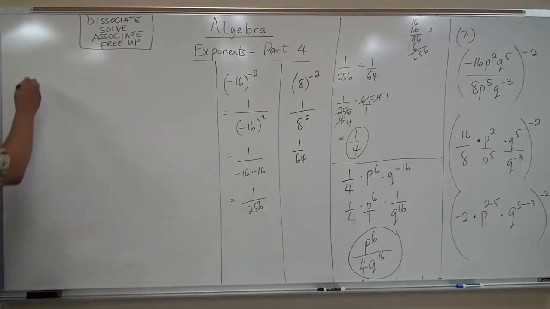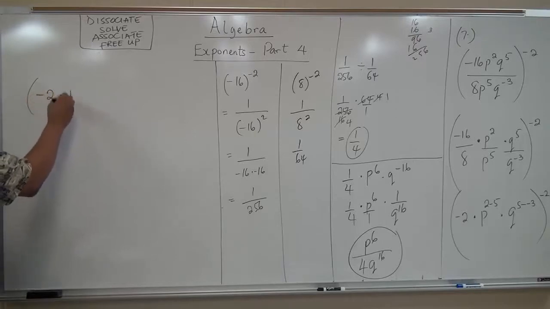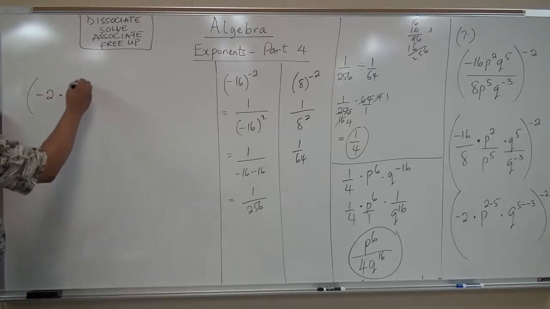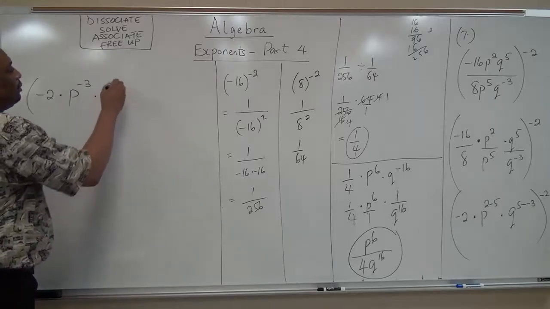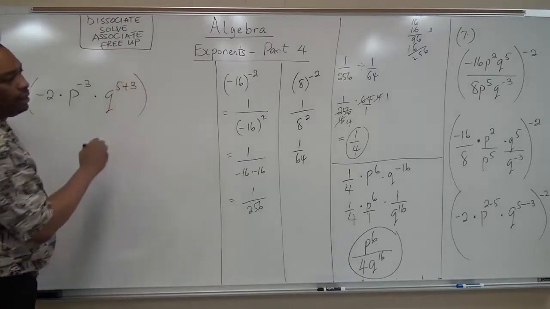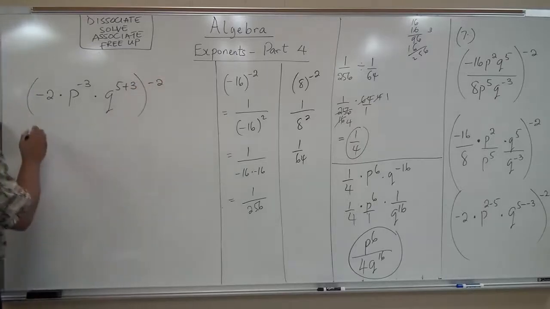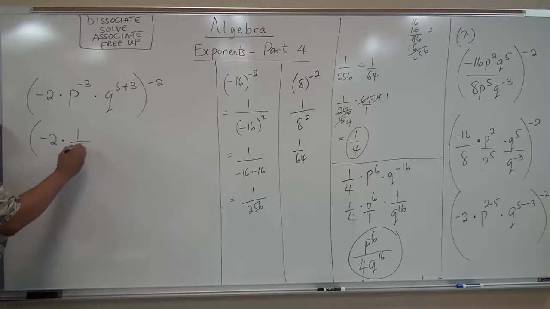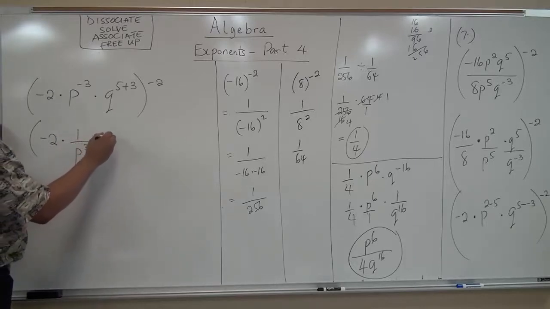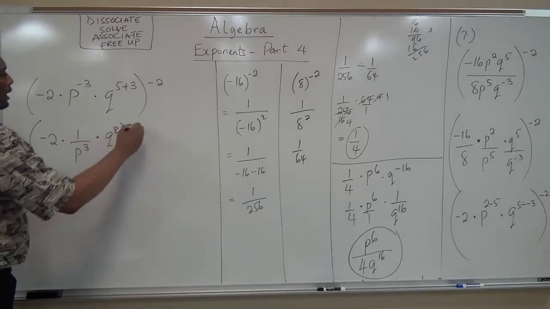If we do that from here, this is negative 2 times P negative 3 times Q 5 plus 3, then all exponent negative 2. So this is negative 2 times 1 over P cubed times Q8, all exponent negative 2.